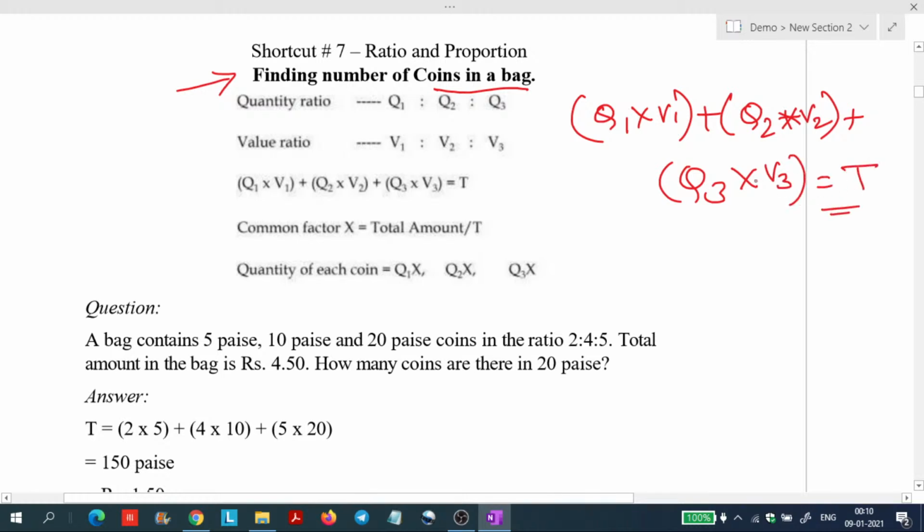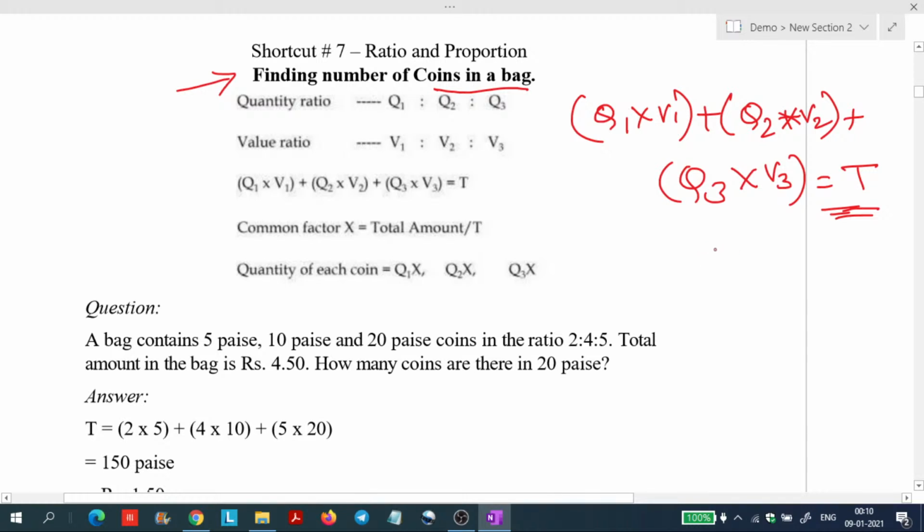Okay, so the common factor x is equal to the total amount divided by T, where T is the quantity into value total. So here q1 and v1 are the quantity and value ratio.